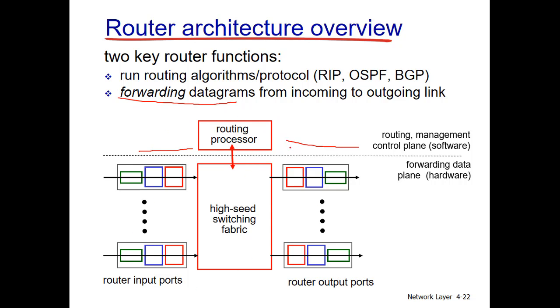In the routing plane you have routing and management, and there are multiple algorithms that perform routing. We will talk about those algorithms later, maybe in this lecture or in the next lecture. And this is the forwarding part, which forwards the data.